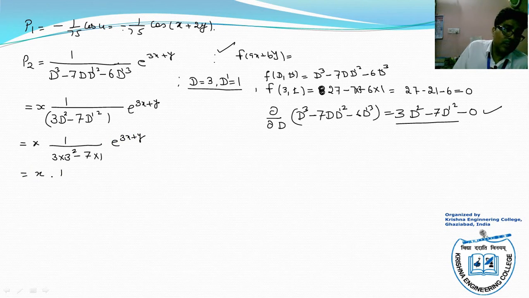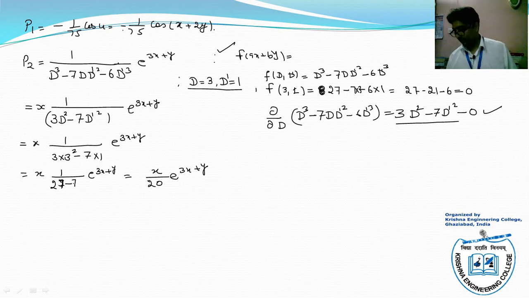So this is x upon 27 minus 7, that is x upon 20 e to the power 3x plus y.